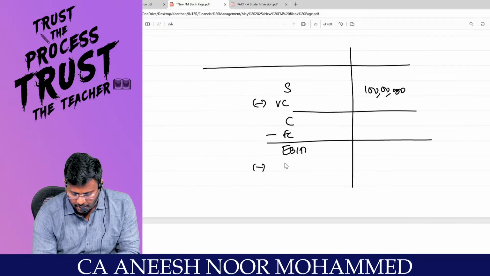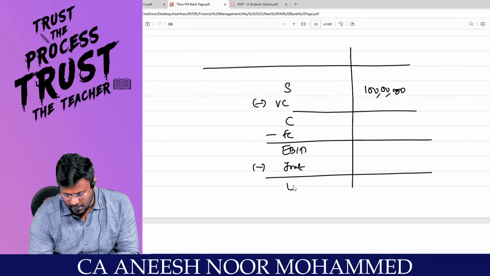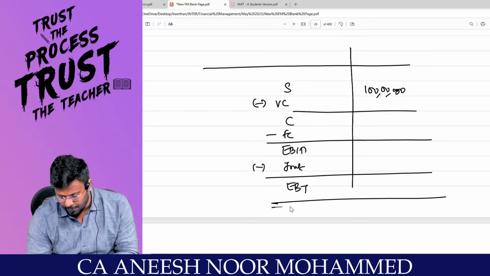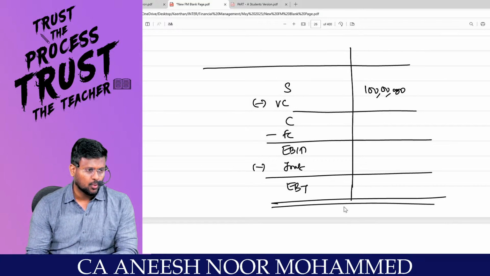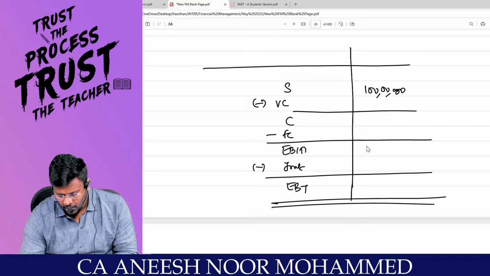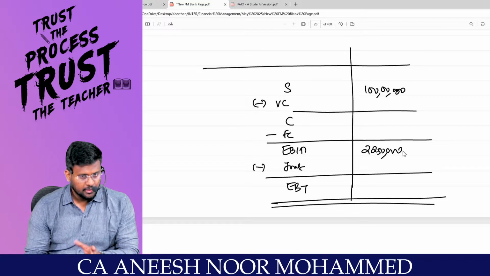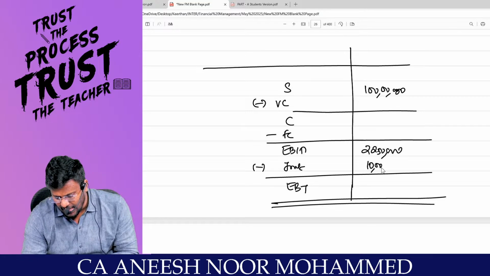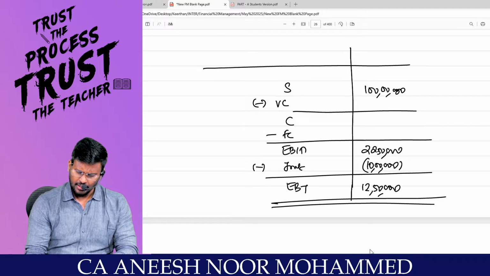From that EBIT, reduce the interest, you will be getting EBT. Just now I found out the EBIT as 22 lakh 50,000. They themselves gave the interest as 10 lakh. So 12 lakh 50,000 is the EBT.